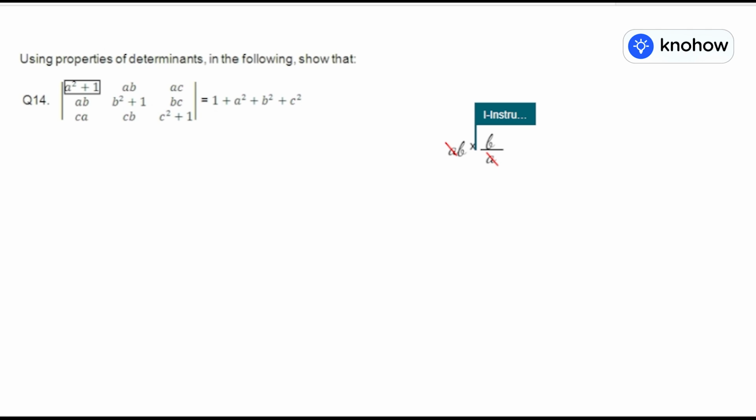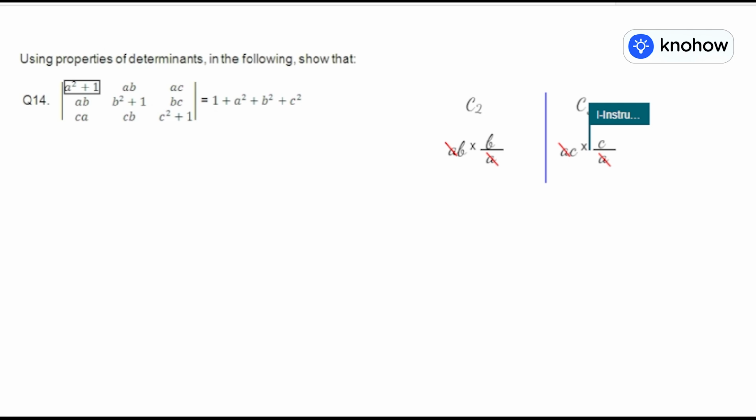Similarly, in column 3, you have ac. What if you multiply it by c by a? a will cancel and you will get c square. So at least we find that in the first column, A11 element will become 1 plus a square plus b square plus c square. Let's try whether the other elements will be so or not.